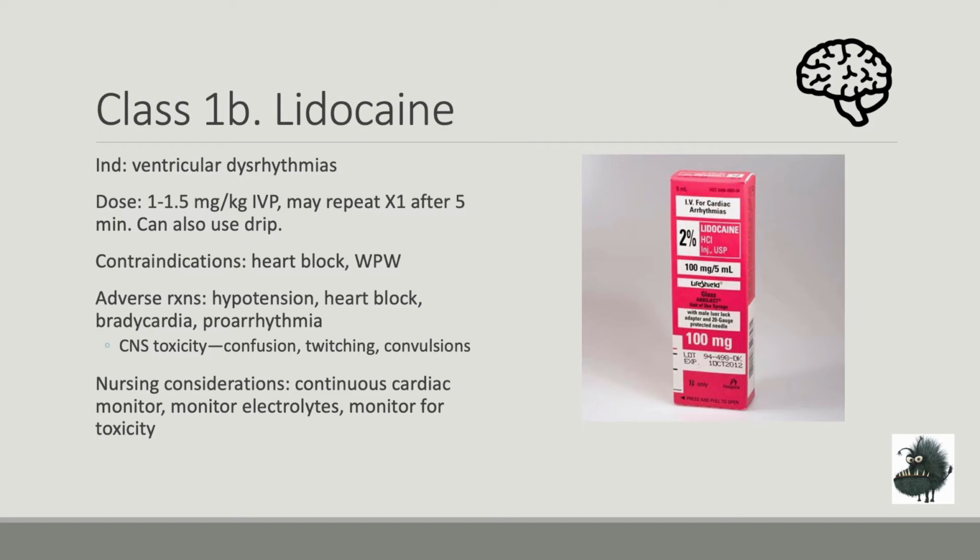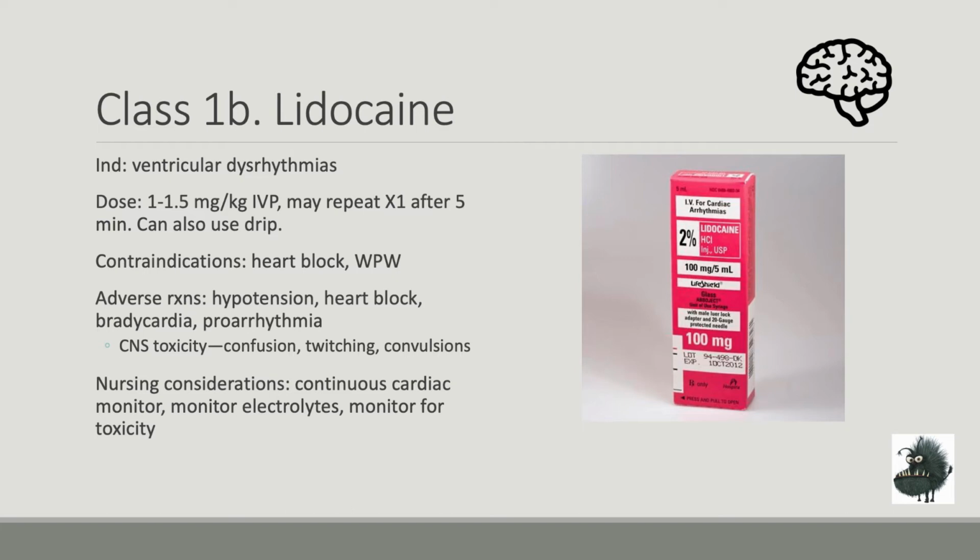You give 1 to 1.5 milligrams per kilogram IV push, and then you can repeat once after 5 minutes, or you can use an IV drip. We don't reach for this drug first in a code anymore. We used to, and you still can, but we like another drug better. But this one we still use.